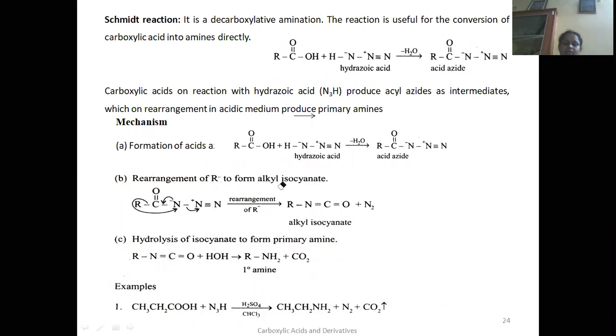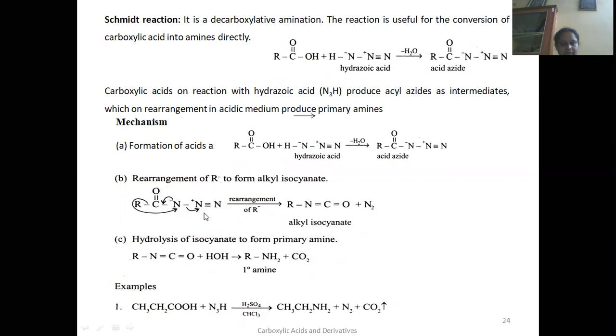Even if I repeat many times, unless you put a pen on paper and write these reactions with mechanism, carefully observing the shift of arrow marks and shift of electrons, you will not be able to write the mechanism or learn this.